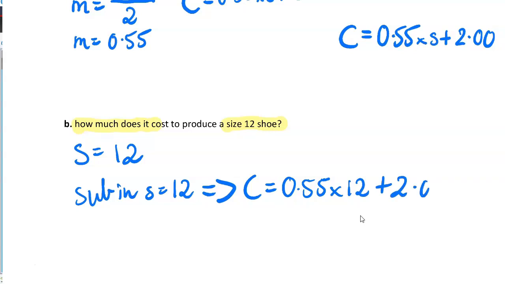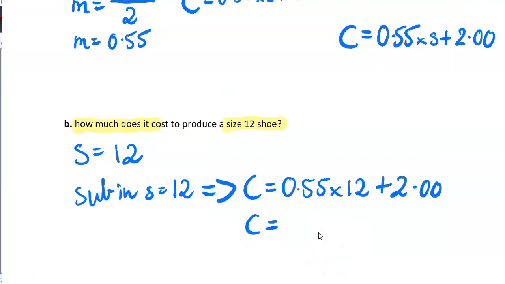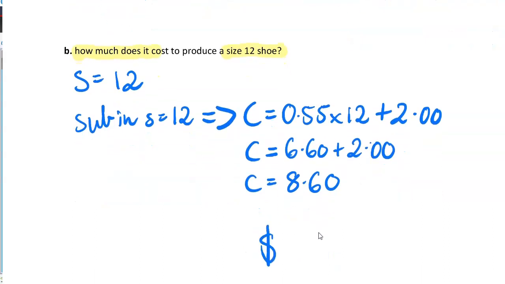Plus $2. So C equals 0.55 times by 12, and that's $6.60, plus $2, so C equals $8.60. So that cost $8.60.